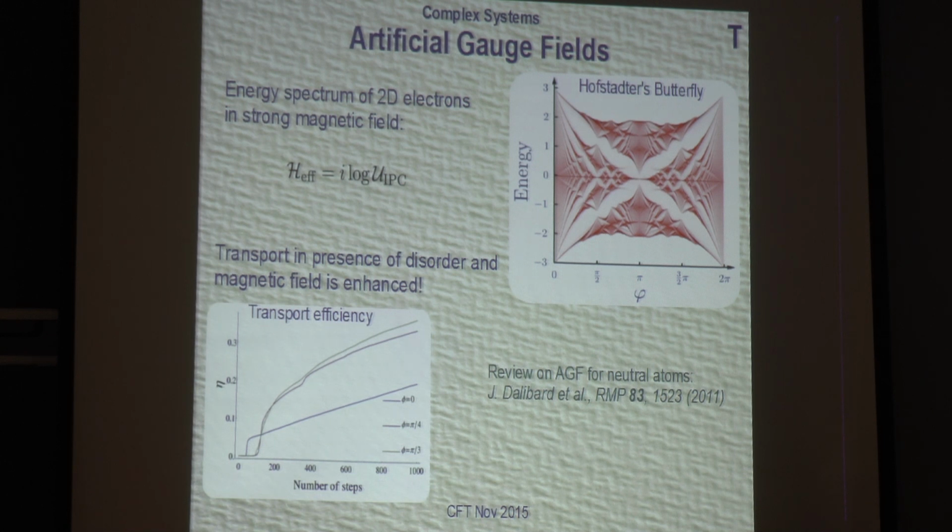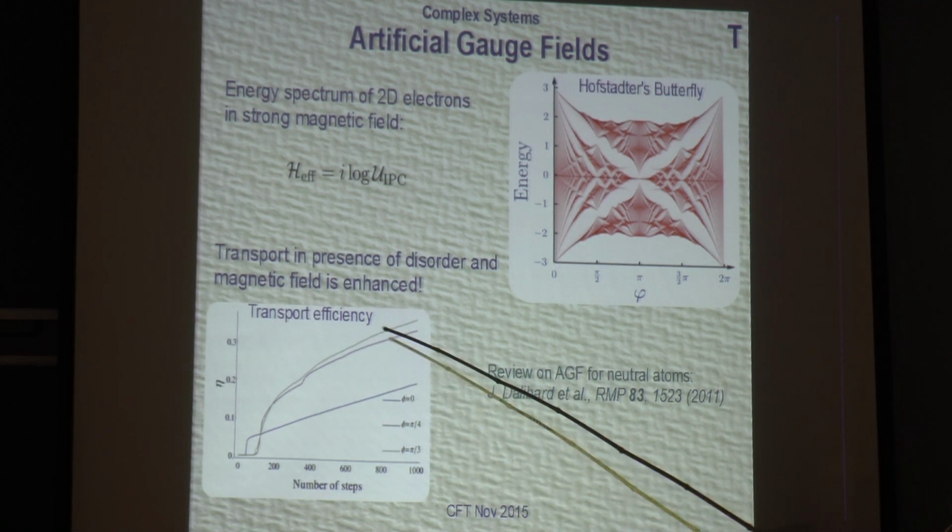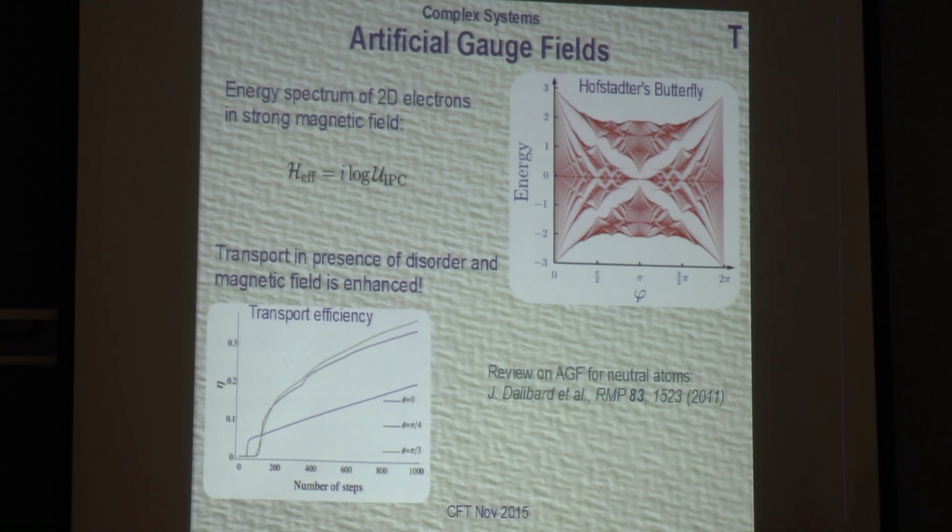We obtain better transport efficiency if we introduce disorder and magnetic field. This is illustrated by this picture. This line corresponds to the ideal situation, perfect coherence, and the other two curves correspond to introducing phase shift, disorder and magnetic field.